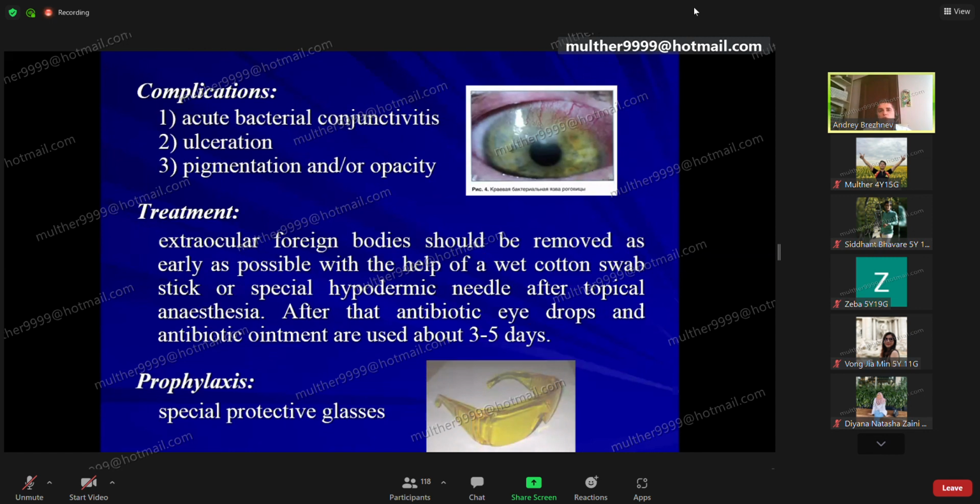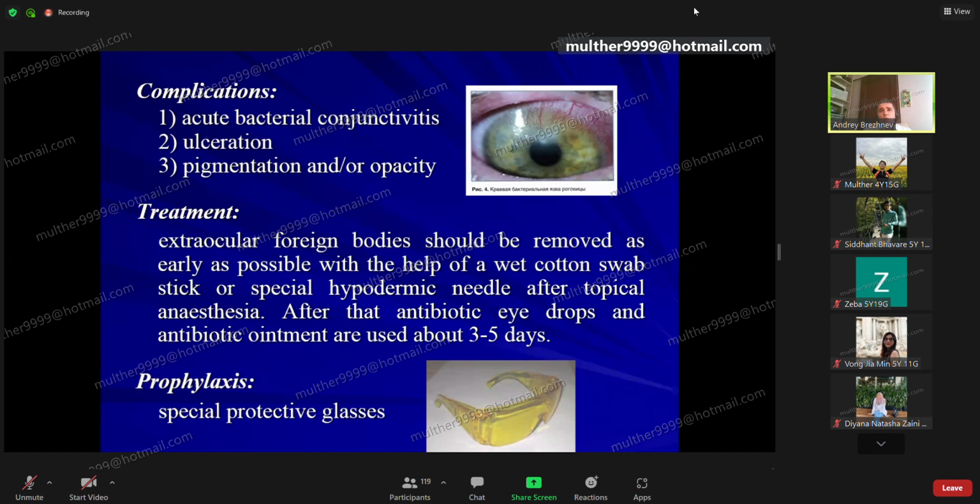Complications of superficial foreign bodies include acute bacterial conjunctivitis. Of course, foreign bodies are non-sterile, so aggressive infection is one of the possible complications of the presence of a foreign body in the conjunctival cavity, on the surface of the cornea, and so on.